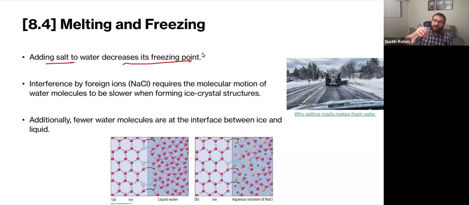What adding salt to water does is it actually slows down the freezing process and makes it harder for water to freeze. So the whole idea is basically you're interfering with the structure that the water is trying to form. Because you'll remember that ice has a nice crystal structure type looking thing with all the molecules.